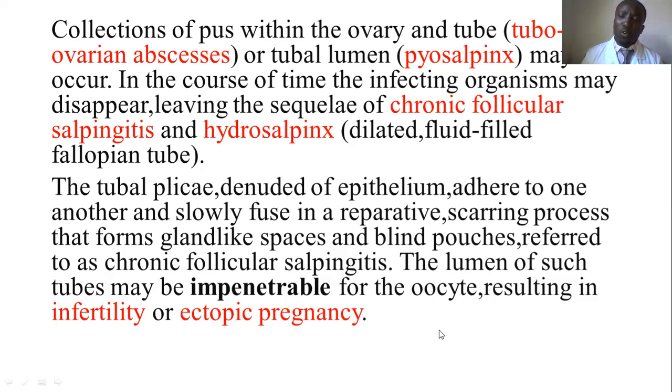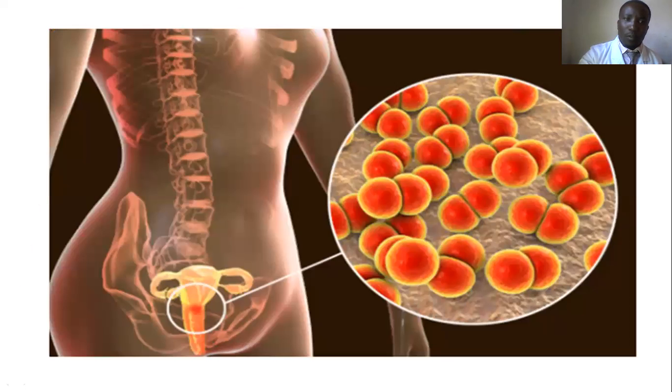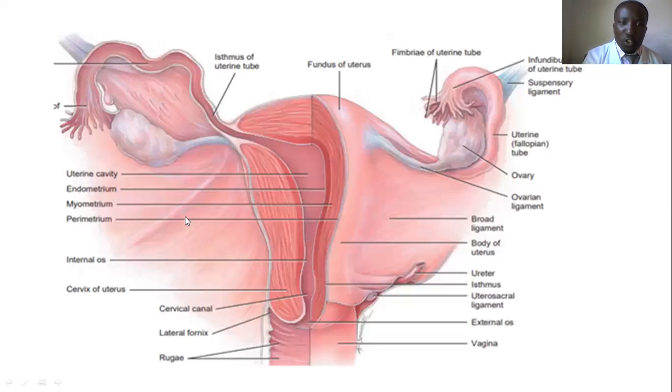Imagine now, look at what happens. Remember the egg is released from the ovary. When the follicle is mature, it ruptures and releases the mature egg, the ovum, the female egg. Now the fimbriae will pick it up and it moves slowly due to the rhythmic beating of the cilia.